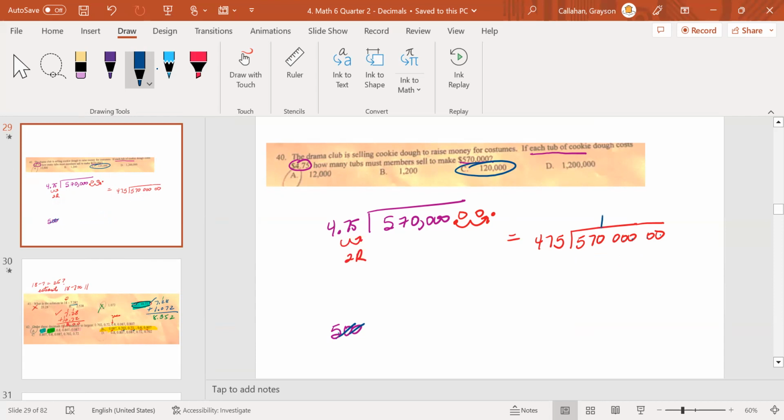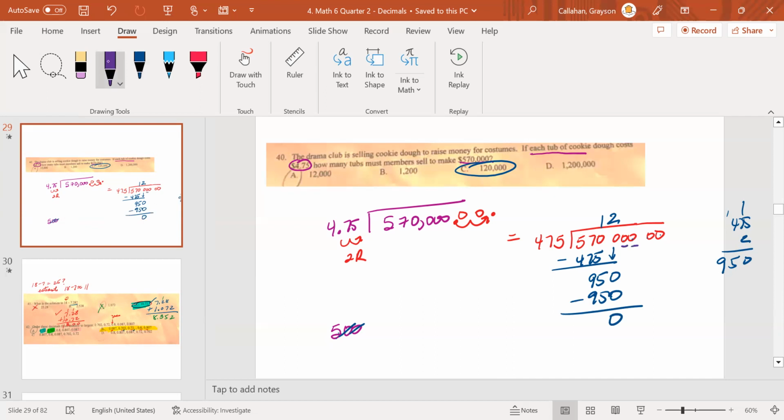So 475 goes into 570 once, right? 475, subtract it, and then you get a 95, right? Bring down a 0. 475, I'm thinking if I do it twice, 950 will work. That gives me a 0.